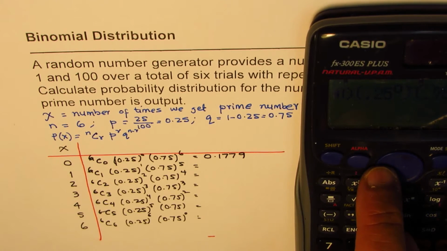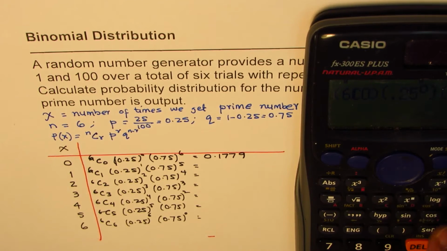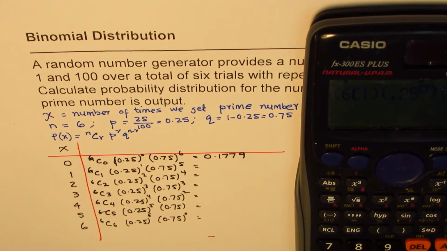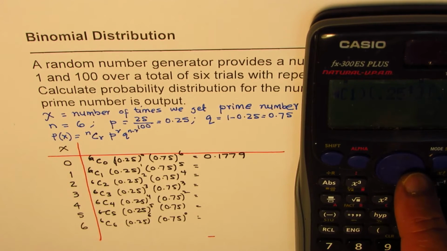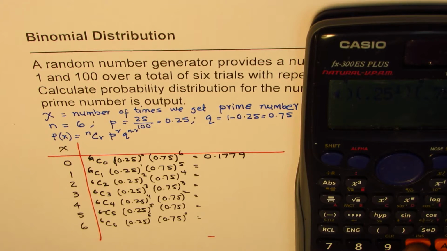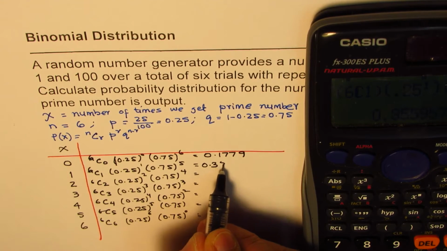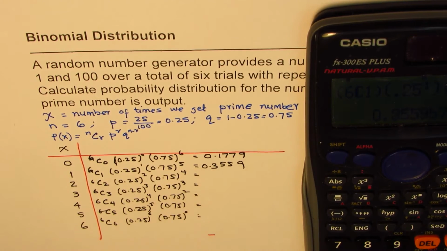Now let's change this value to find the second probability, when we have one prime number out of 6. So 0.25 to the power of 1 and 0.75 to the power of 5, correct? That gives you, in decimals, the value 0.3559.